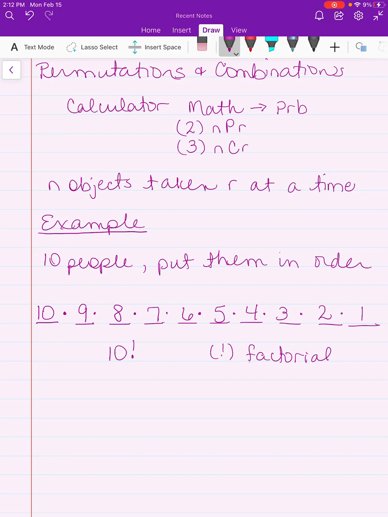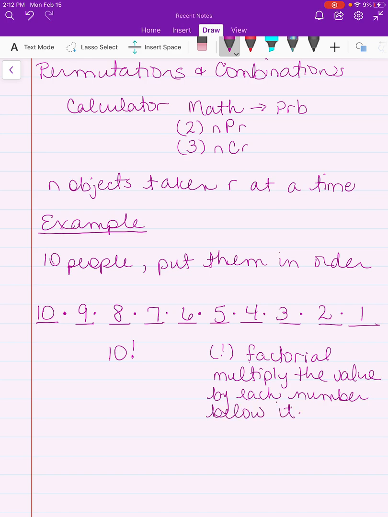And factorial means you multiply the value by each number below it. So if I'm going to order all 10 people, 10 times 9 times 8, and so forth and so on.